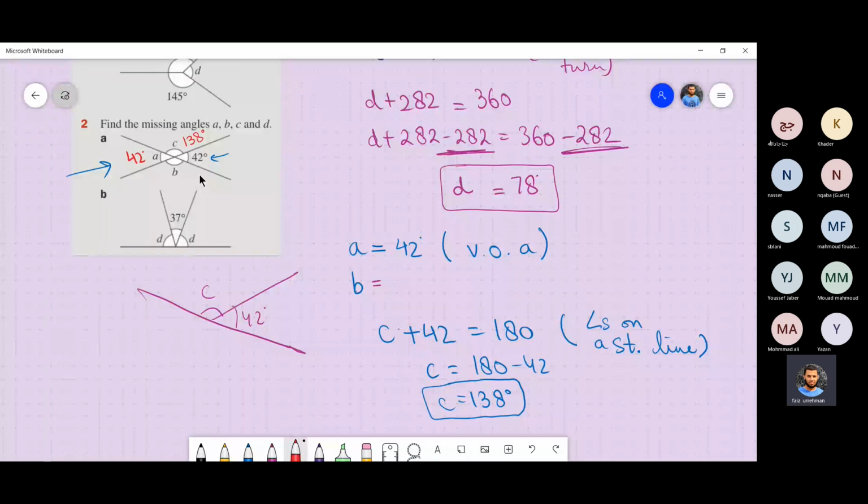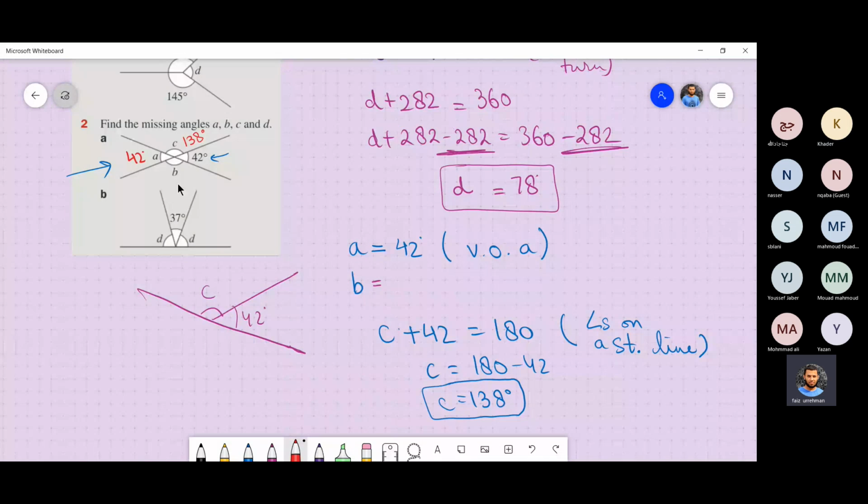Now A we know, C we know. Can we find B directly? Yes. How can we find B? Vertically opposite. Or there is a bigger method: if you add all the angles, you should get 360. I will not suggest that method. I will suggest the easy method. You know angle C, so B can be found by which property?